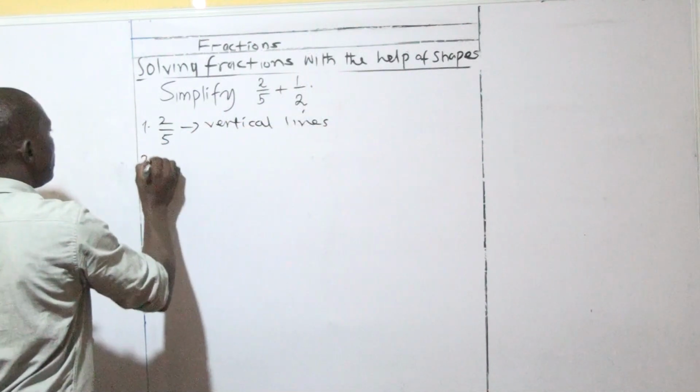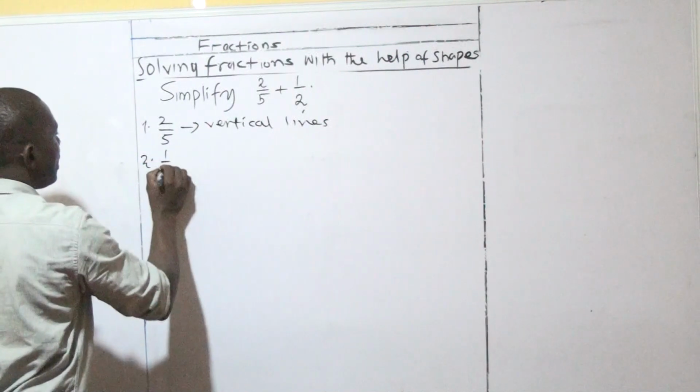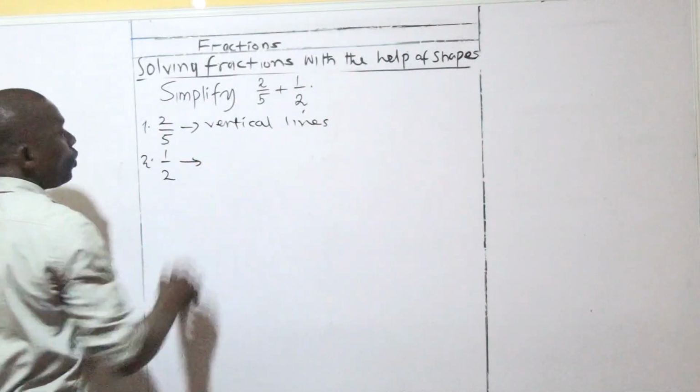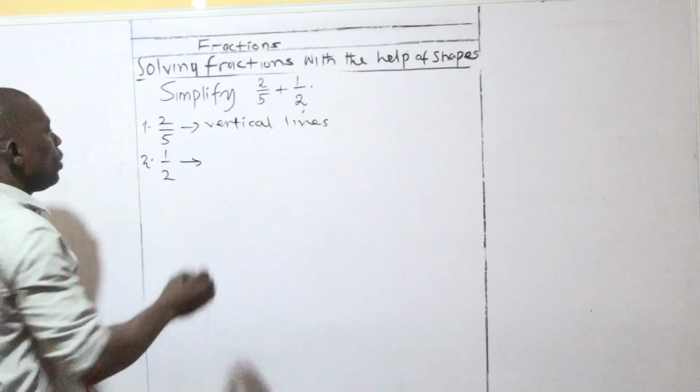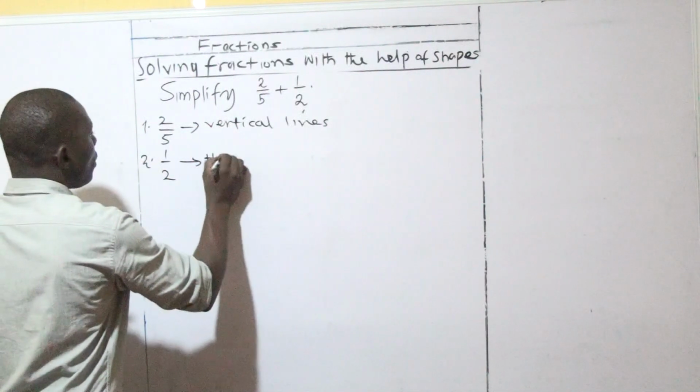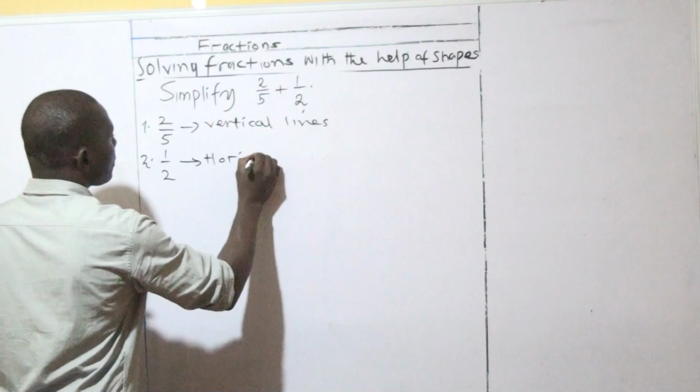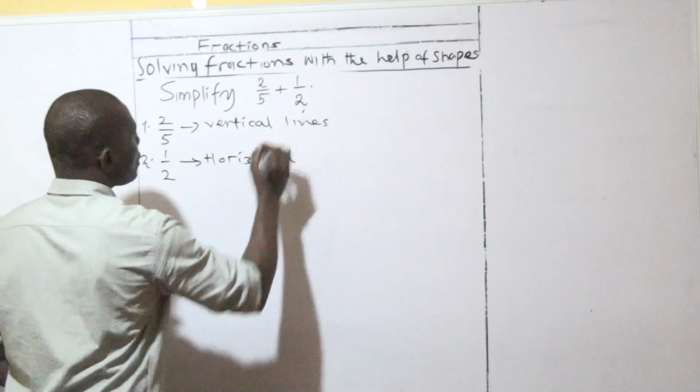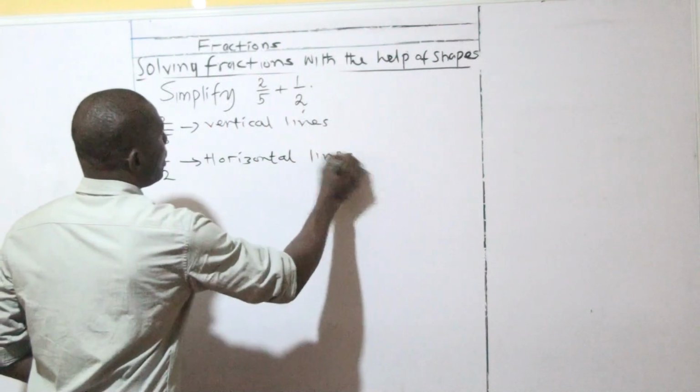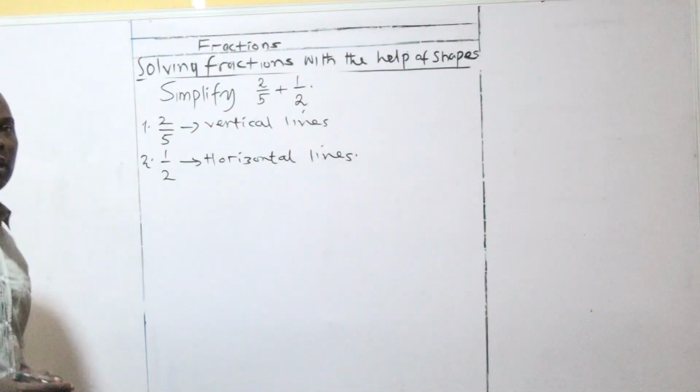Then, secondly, we have a half there. Since we have used vertical lines, we use the next one. We use horizontal lines to illustrate this shape.